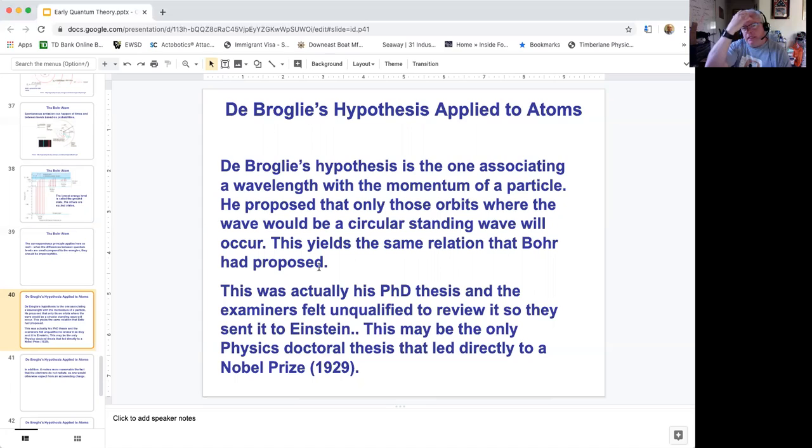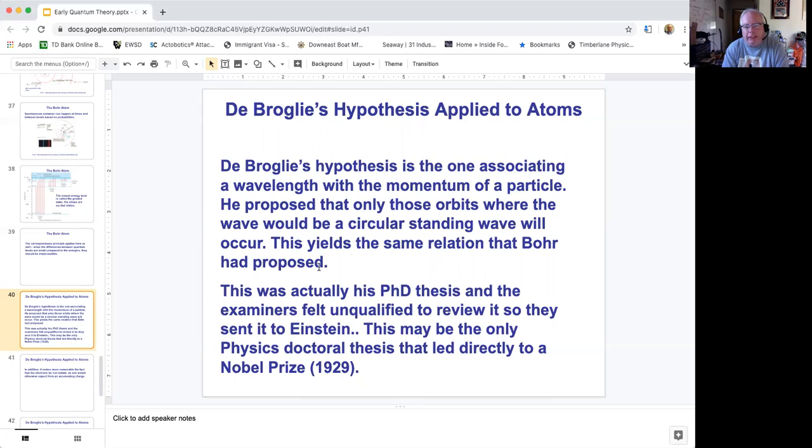And he posted this as part of his doctoral dissertation, but his advisors were kind of blown away by this idea, and they didn't feel like they could actually put their stamp of approval on this concept because it just seemed a little too far out there.